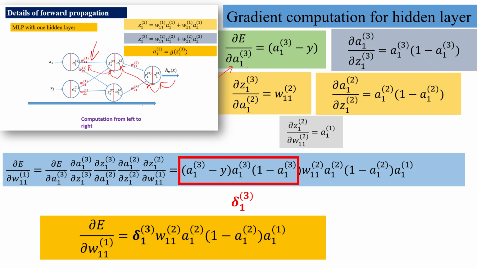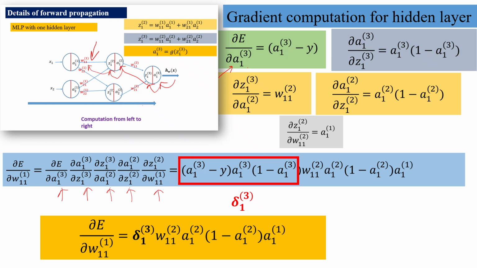So these five individual derivatives we have written in this chain. Del E by del W11 superscript 1, which is the hidden layer weight, is the product of these five partial derivatives.